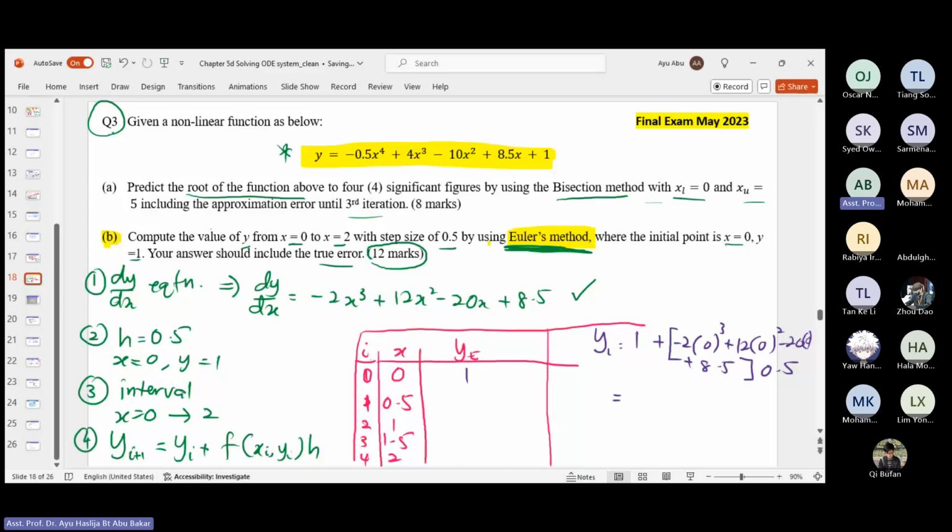What do you get for your first y1? 5.25, yes, 5.25. Okay, try to calculate for the rest. Remember, you should find the true error, so you must have y true as well.